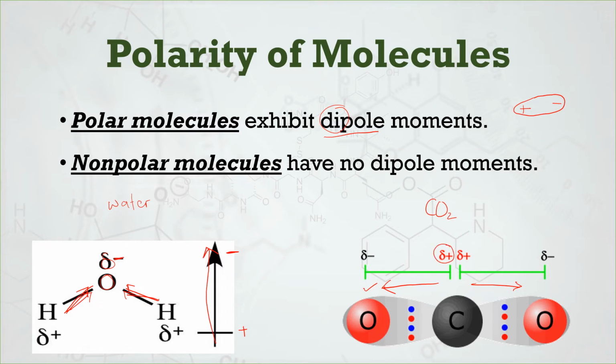And since the arrows are in opposite directions, you may imagine it like a tug of war. They are pulling each other in opposite directions. They will cancel out. Okay? And if the dipole moment cancels out, then this molecule, therefore, is a nonpolar molecule.